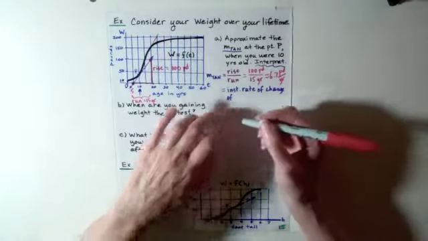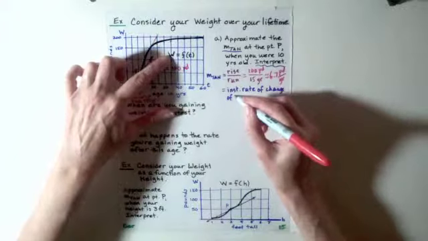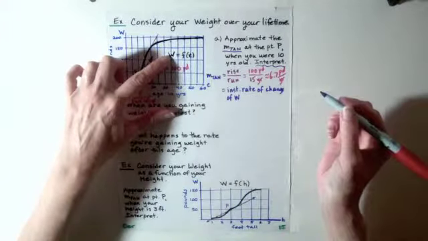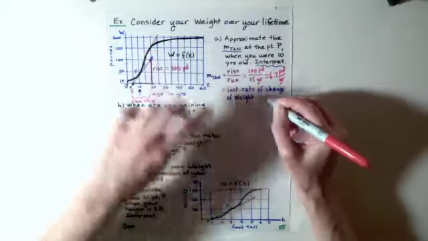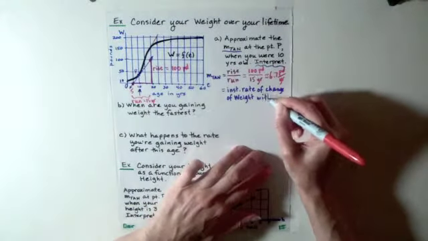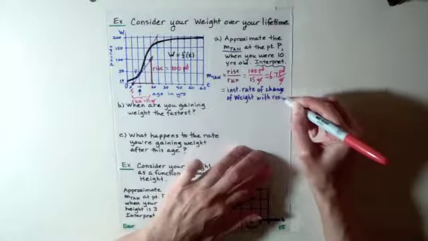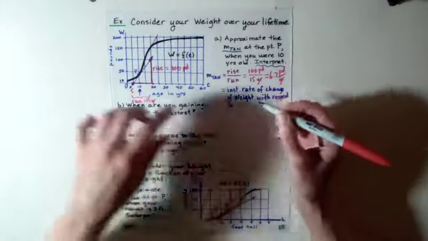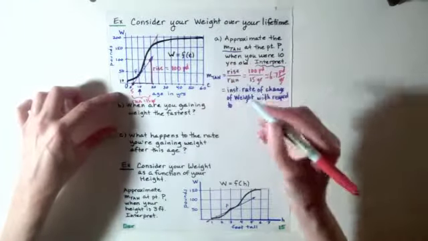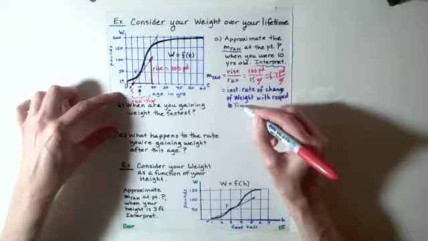Well, what's our output variable? Our output variable is W, so it's the instantaneous rate of change of W, which represents our weight, with respect to our input variable, which is t in this case, or time.